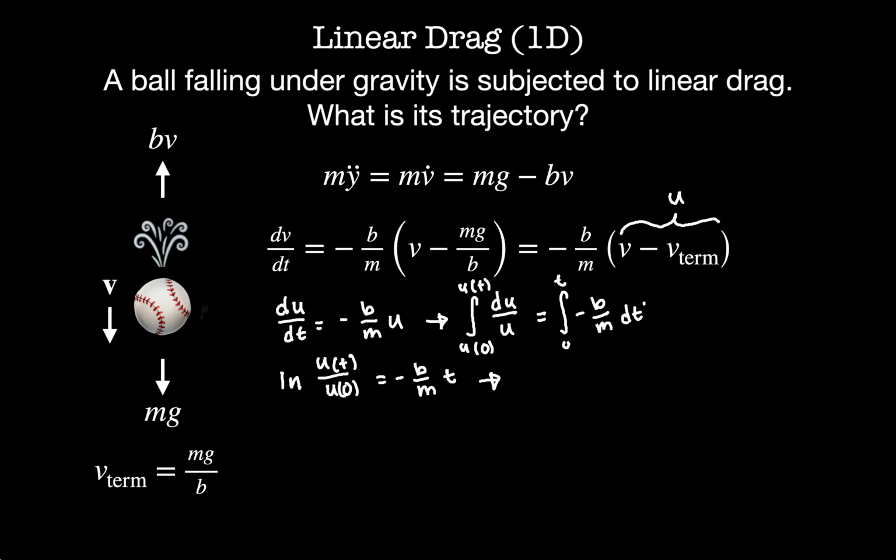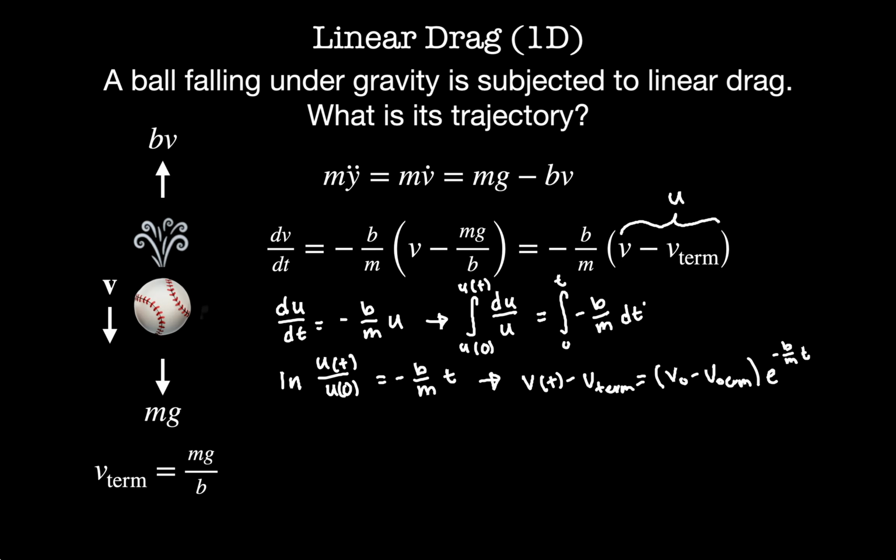So I end up with v of t minus my terminal velocity is equal to v naught minus my terminal velocity times e to the minus b over m times t.